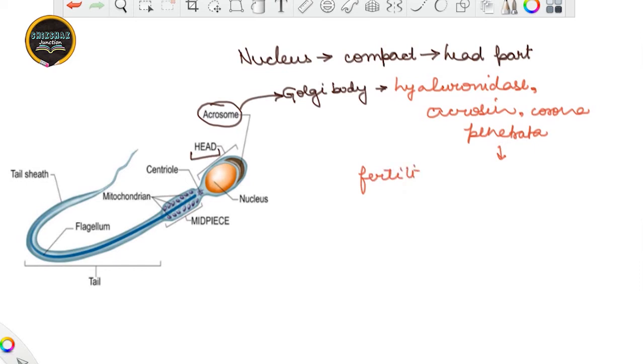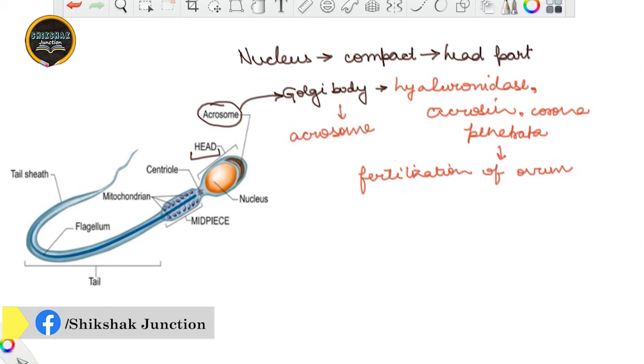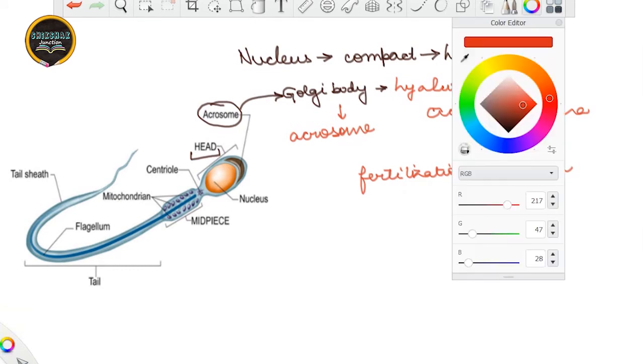When we will talk about the structure of the ovum or the oogenesis part, you will understand how or why it is very important for these enzymes to be present in order to fertilize the ovum. Okay, so by now you must remember that this Golgi body in turn forms the acrosome, which contains very many enzymes, and the enzymes are listed here. These enzymes aid in the penetration of the layers of the ovum, which leads ultimately to the fertilization part.